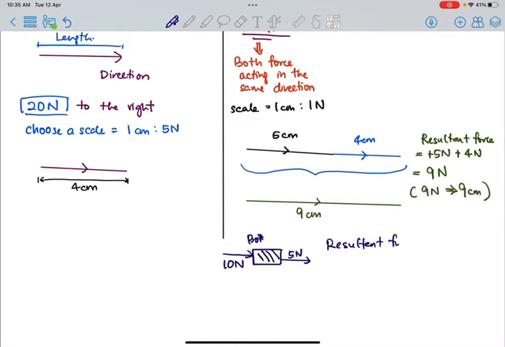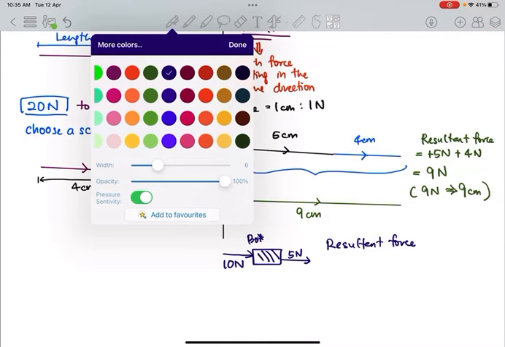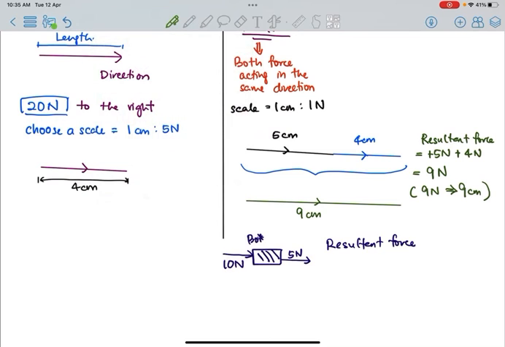Let me give you a moment to think about the answer. If you came up with 15 Newton to the right, congrats, you have the right answer.